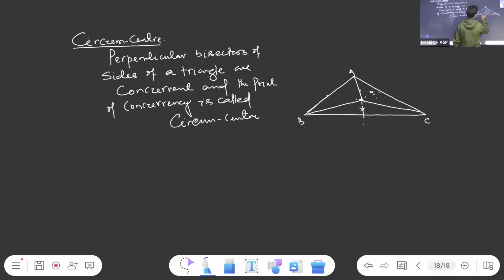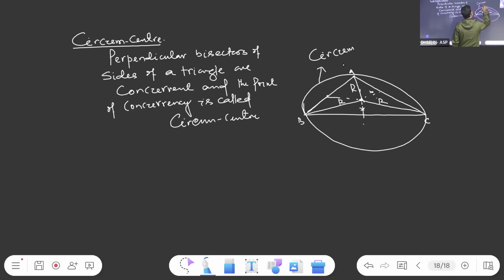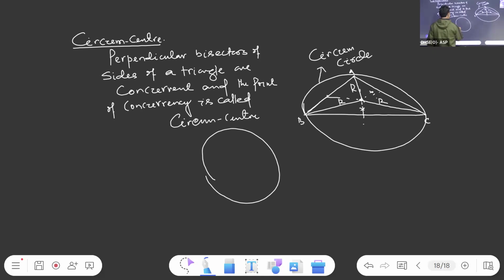This is another perpendicular bisector of the side. Okay, this distance is known as circumradius. Wait, we can draw a circle like this. The circle is called circumcircle. It will be better if you draw the circle first, then inscribe the triangle. You will get a good figure.